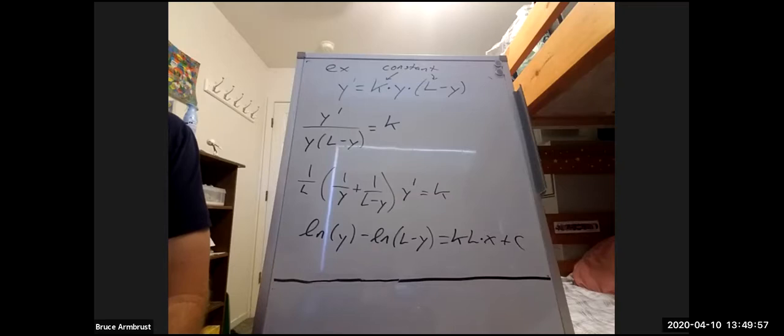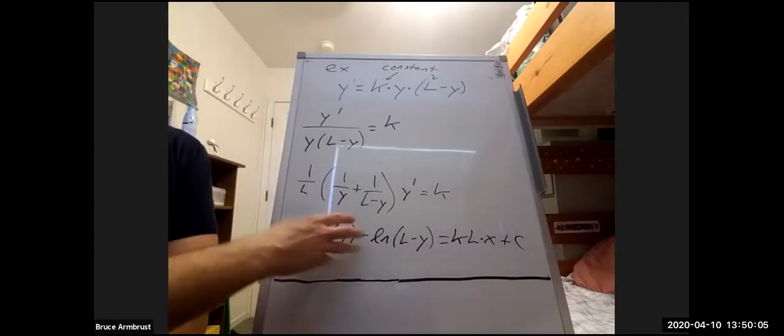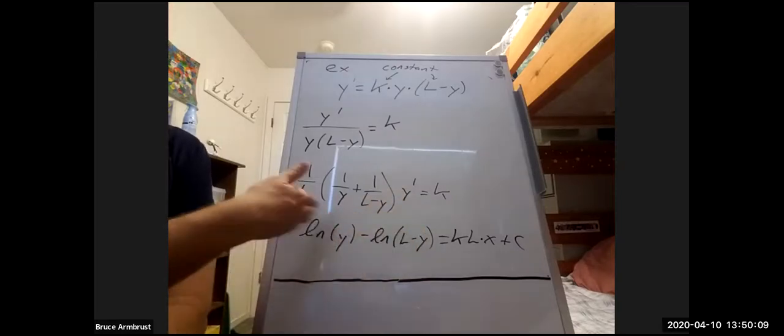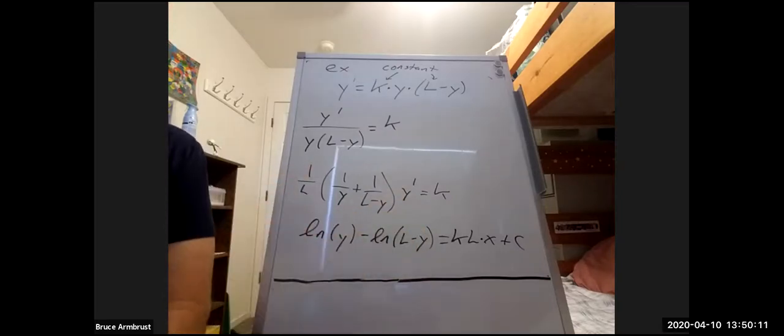So hopefully whatever piece of integration technology you like to use, when we integrate this side, should give you something that is at least equivalent to this. The L might be over on this side or something, but there's our integral.